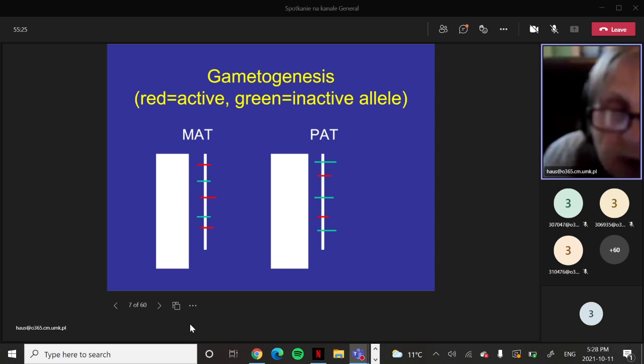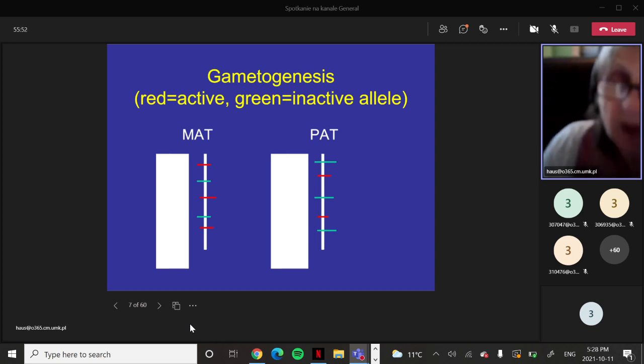The second gene is methylated in maternal gametogenesis. The maternal allele is methylated, it is imprinted, so the paternal allele must be active, and so on.